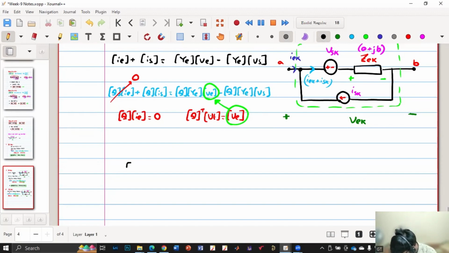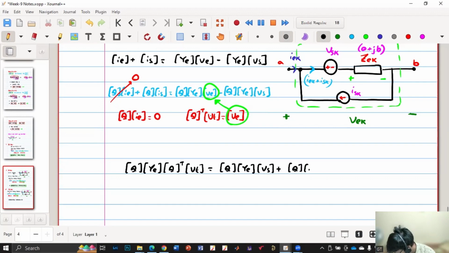We'll be getting Q into YE into Q transpose into V twig voltages is equal to Q into YE into V source voltages minus or plus Q into I source. So we obtained this type of equation.